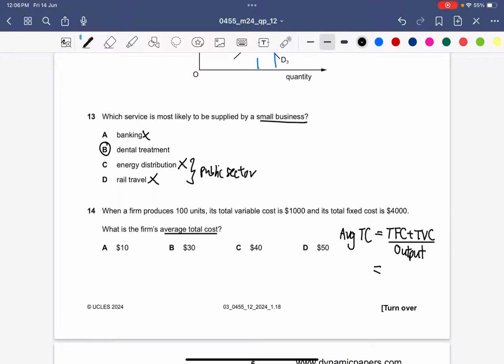In this case, we just divide by 100. So we get 50. Yes, the answer is D.